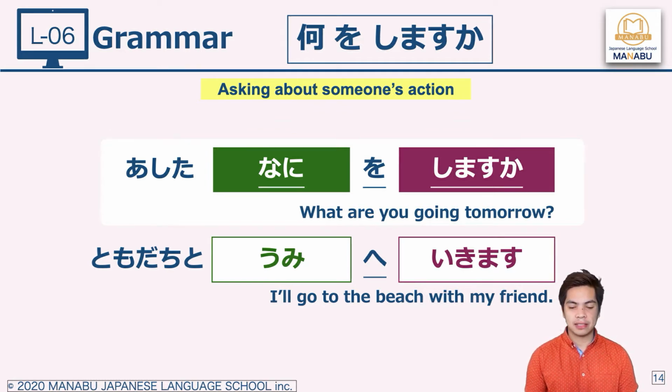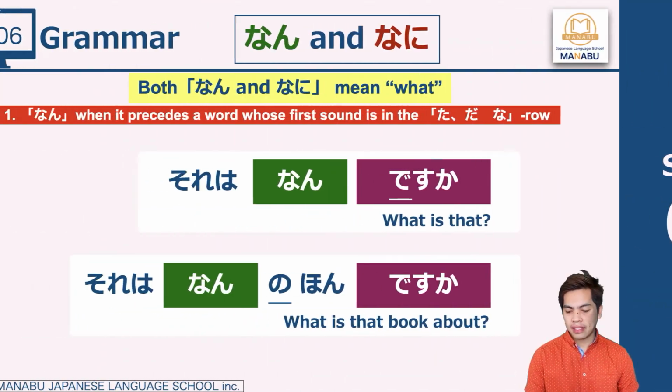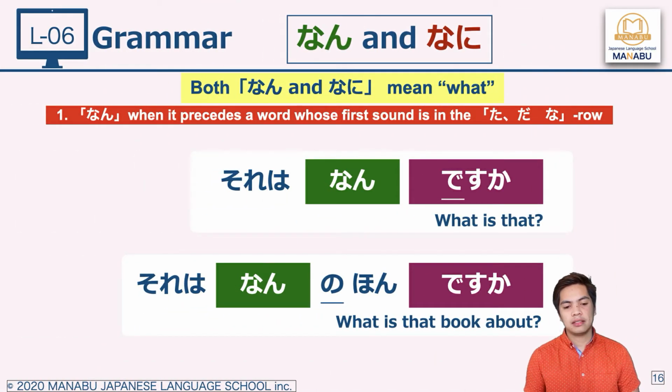Our fourth grammar point is nan and nani. Both nan and nani mean what. But when to use nan? When to use nani? Number one, nan. We use nan when it precedes a word whose first sound is in the ta, da, and na row, or the na characters.